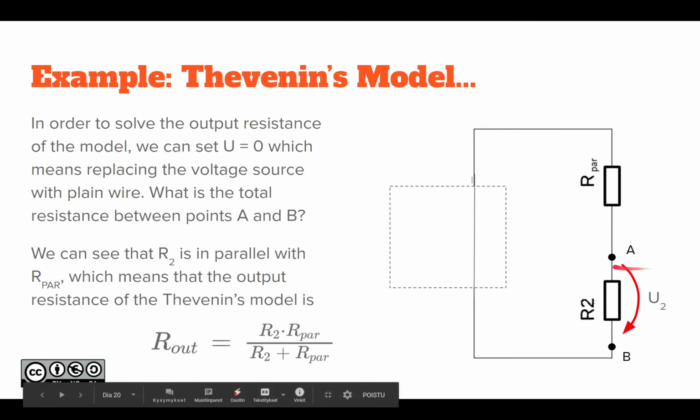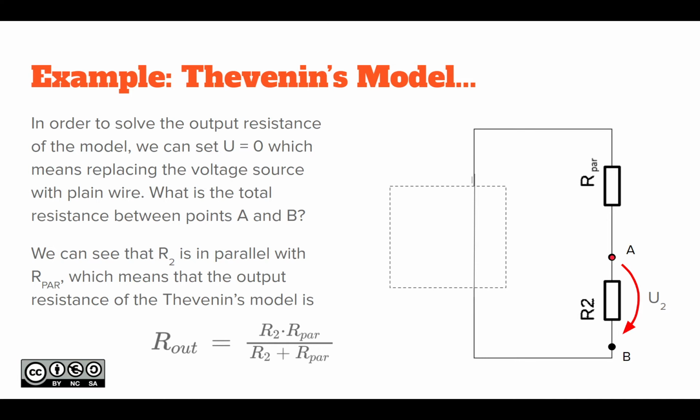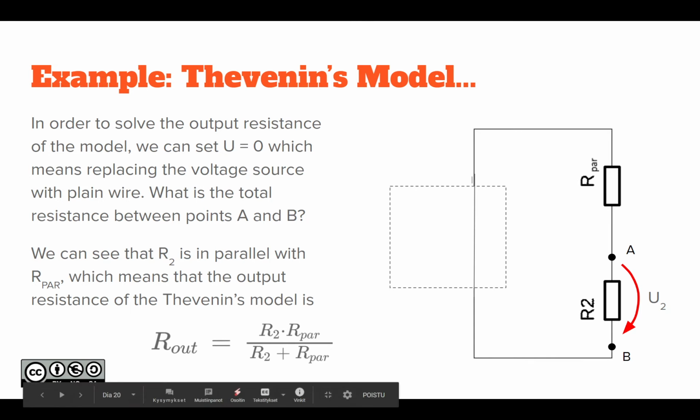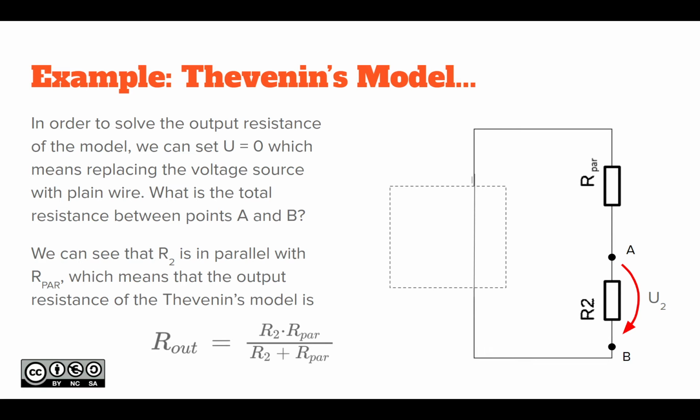When you're looking at the points A and B, this R2 is between A and B. And when we take a look at R bar, that's also connected between points A and B. So those resistors R2 and R bar are parallel to each other when looking between points A and B. So our R out, which shows up between the points A and B, which is the same as the internal resistance, is that one.